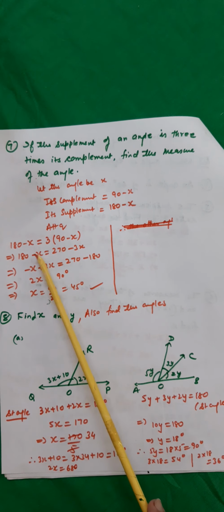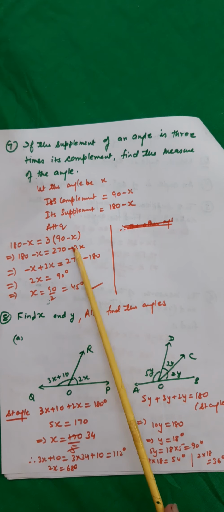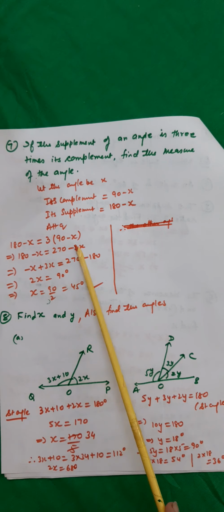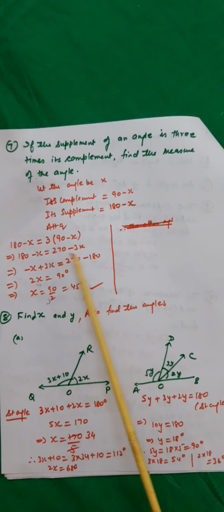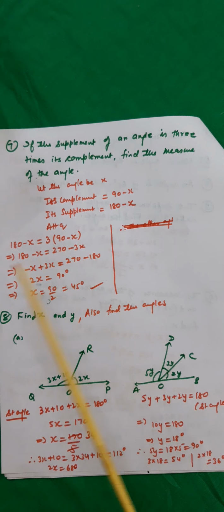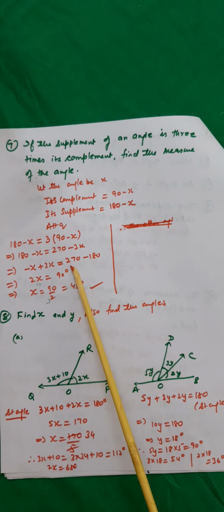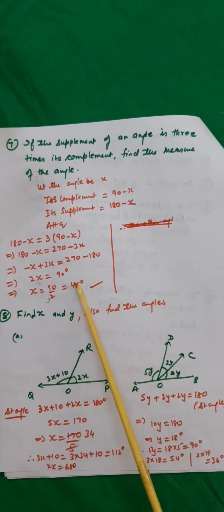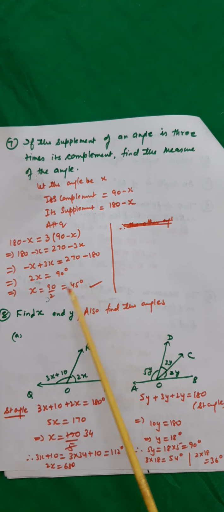Therefore 180 minus x is equal to 270 minus 3x. This implies minus x plus 3x is equal to 270 minus 180, implies 2x is equal to 90 degrees. Hence x is equal to 45 degrees.